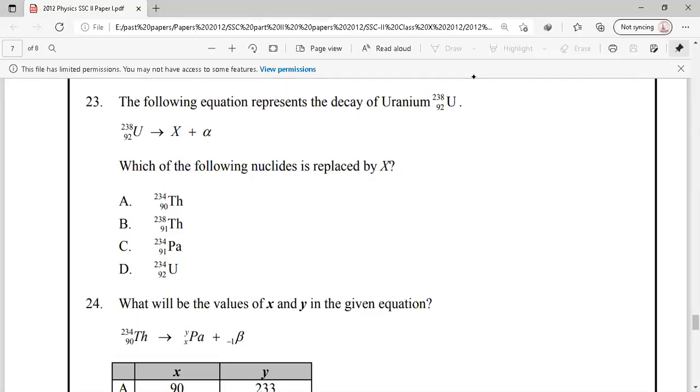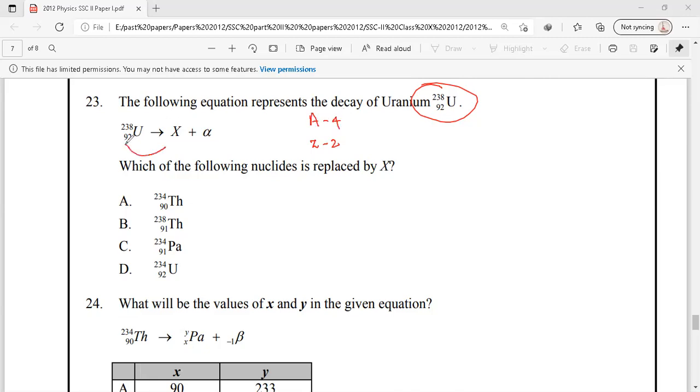Then we have question number 23. The following equation represents the decay of uranium 92 238, and we have an alpha emission, and we have to identify the daughter nucleus. We know that for an unstable nucleus to perform alpha decay, its atomic number is decreased by 2 and its atomic mass is decreased by 4.